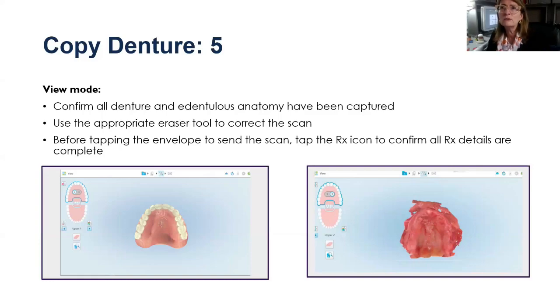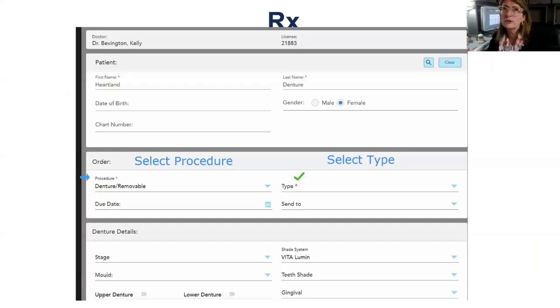I attempt to, if it's a compromised patient, somebody with Parkinson's or it's just a more challenging situation. What I'm trying to say is I've had great success in not always scanning the fully edentulous arch as well. I would recommend contacting your lab about what their particular preference might be on that.